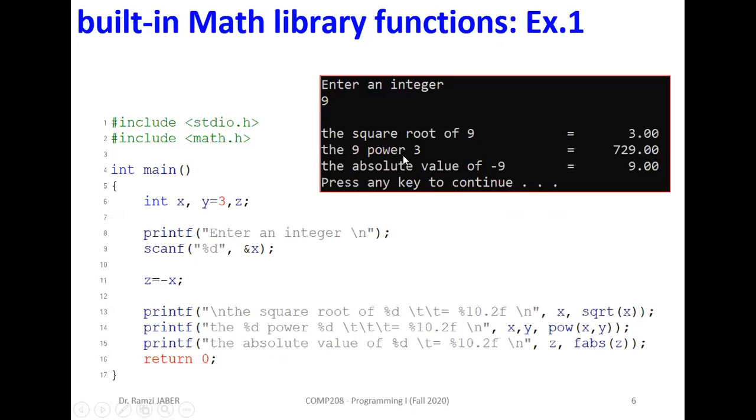In this example, enter an integer, 9. So include standard input output.h, hash include math.h, int main, int x, y equal to 3, z, declaration step. Input data, enter an integer %d and x.